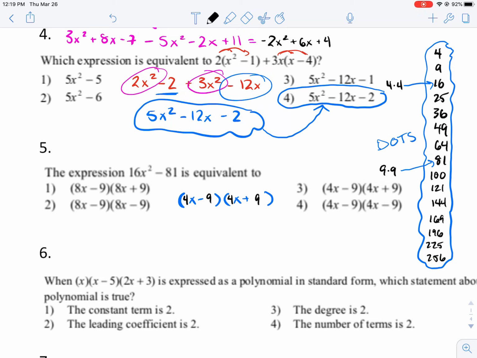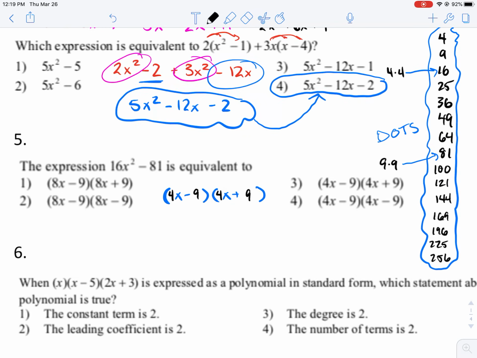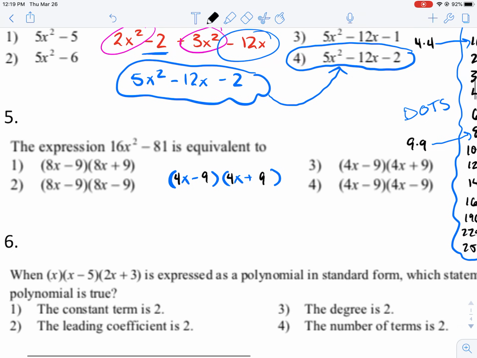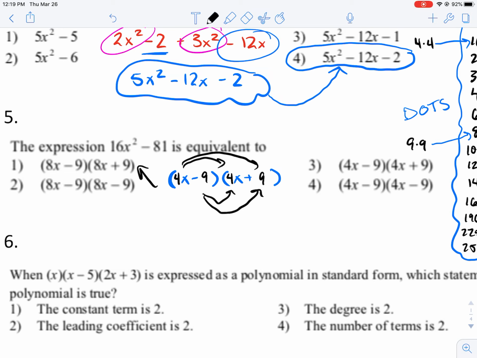Between 16 and 81, there is no GCF. And so take a look at these numbers here. Do they look right? I would say so. 4x minus 9, 4x plus 9. Now, if you don't believe me that this is the problem up here, or if you just don't believe yourself, if you're like, man, this looks weird, well, multiply it out again. 4x times 4x, that's 16x squared. 9 times 4x is a positive 36x.